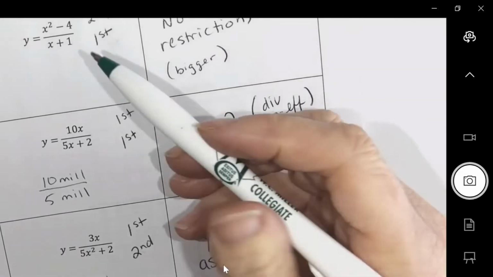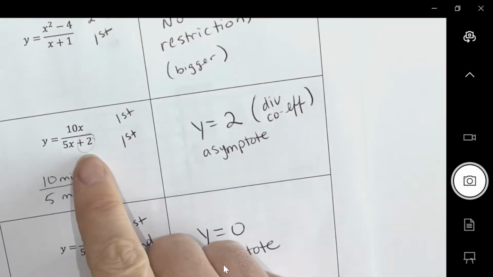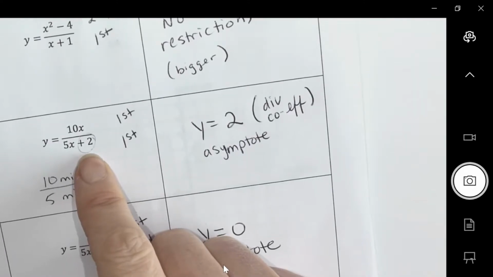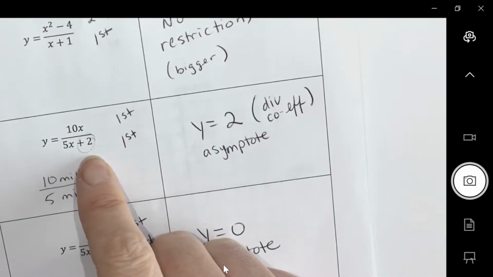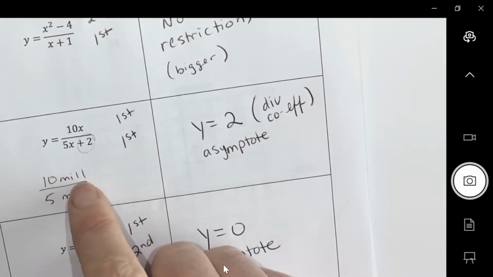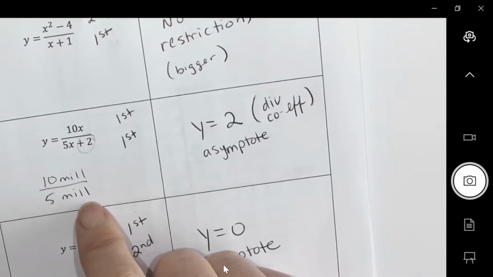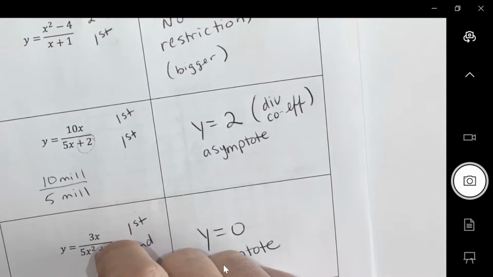Some of you might have asked, well, what happened to this 2? In the big sense, if you have 10 million and 5 million, does the value of 2 really make a difference? Not really. It's so irrelevant that it doesn't matter.